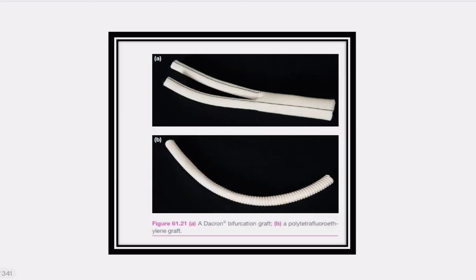Here one is dacron and the second is PTFE; only the chemical composition is different, but the appearance is more or less the same. So they can be used in bypass surgery.